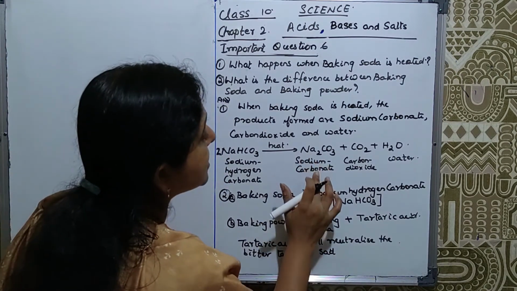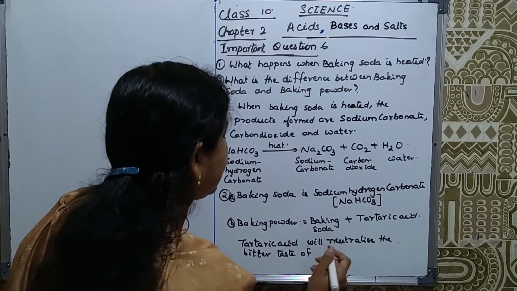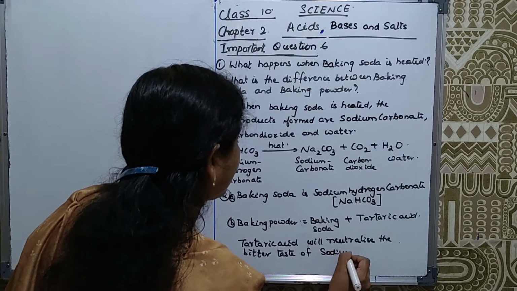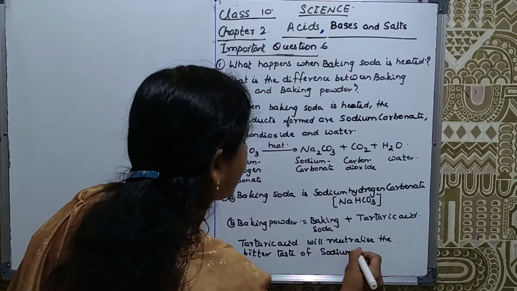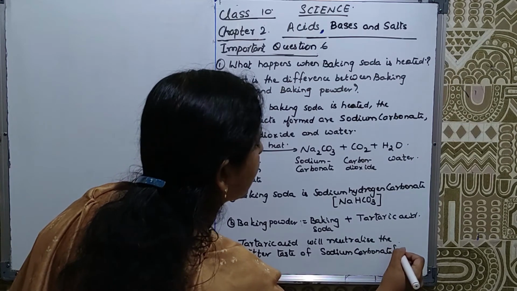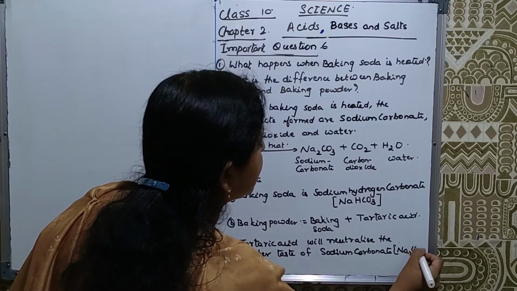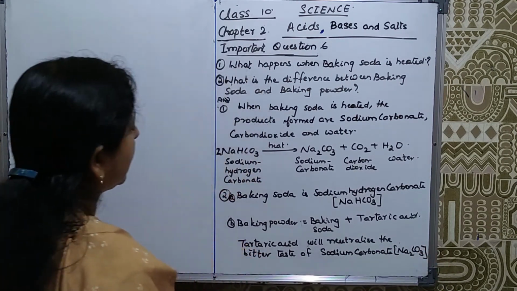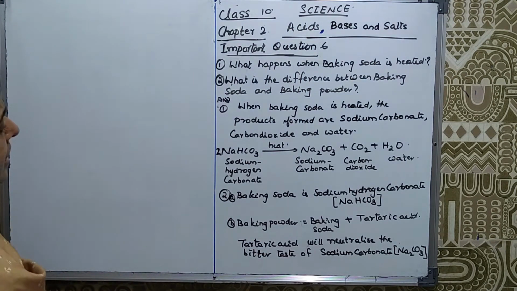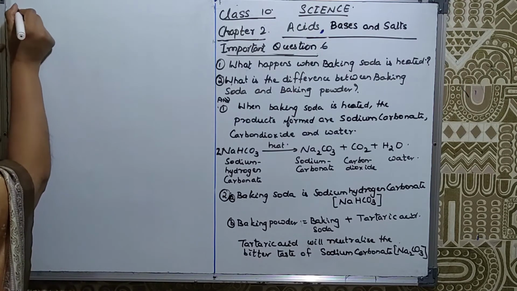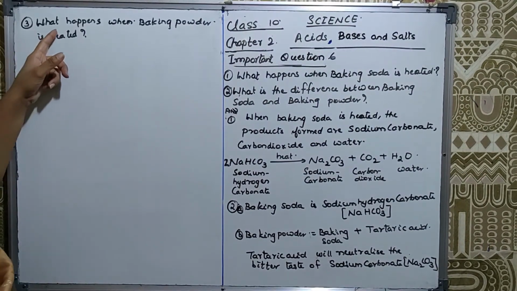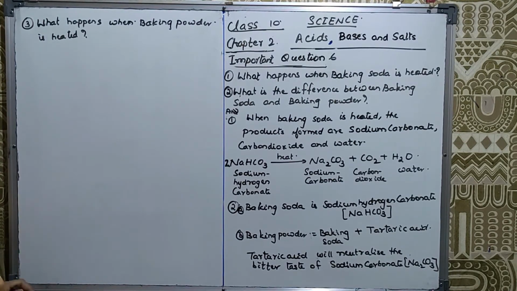The sodium salt here is sodium carbonate, Na2CO3. Now we can write what happens when baking powder is heated. Now third question, what happens when baking powder is heated?